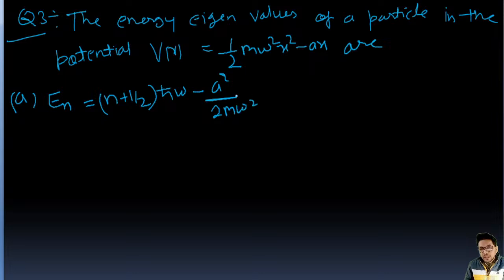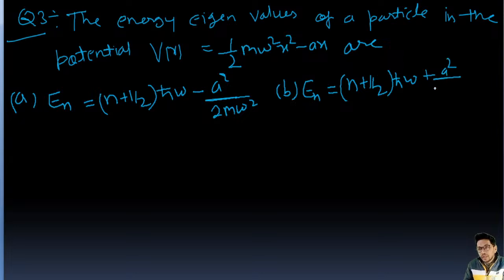And option B is En equals n plus half h cut omega plus a square upon 2m omega square.